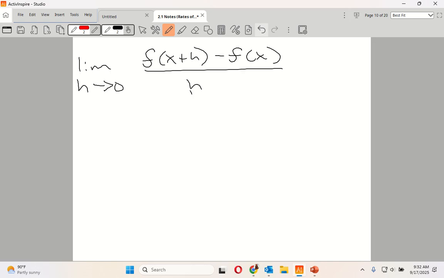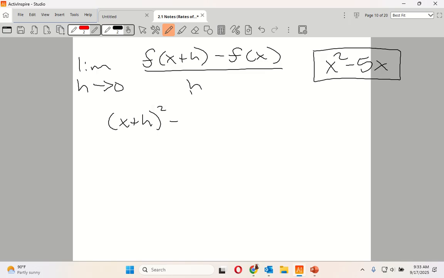So my function again was x squared minus 5x. Okay, so there's my function that I'm using. And that x plus h means I'm going to plug that value in everywhere I see an x. So parentheses, x plus h, squared, minus 5 times x plus h, minus f of x.